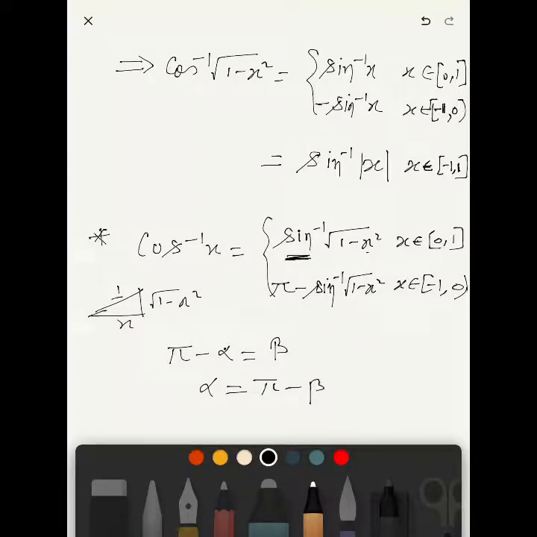Here when you shift sine inverse x to the right, it will become positive, and on the right hand side pi will be remaining, so bring cos inverse x this side, so it will be pi minus cos inverse x. I think this is clear, no need to explain too much now.